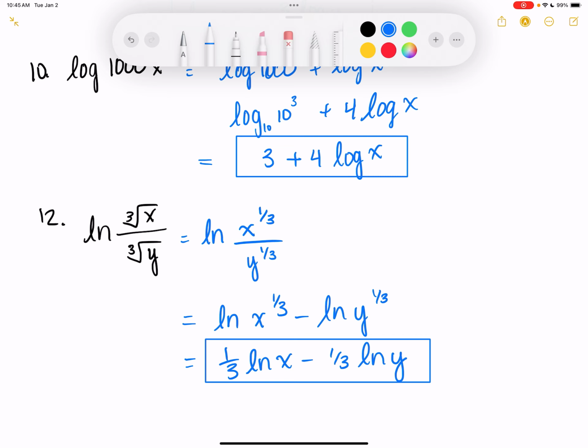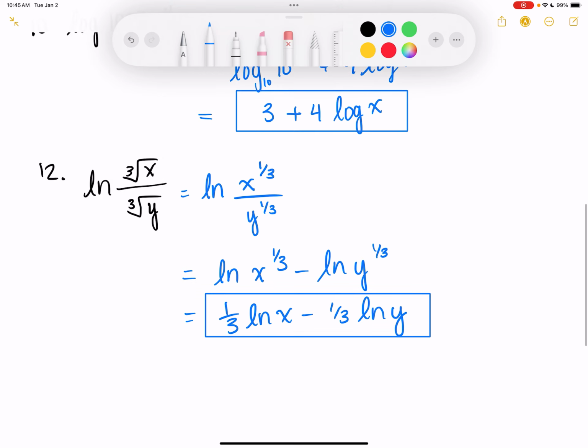We could move the 1/3 out and have 1/3 parentheses ln x minus ln y. Yep. Again, mainly just showing you for a notation thing, because you never know the form that they're going to end up writing it in.